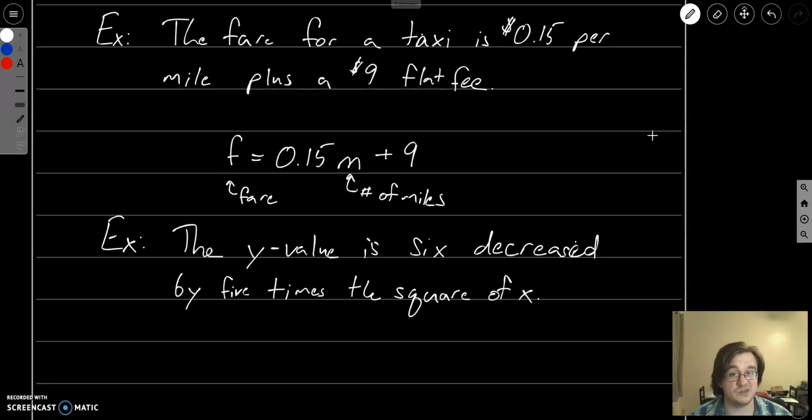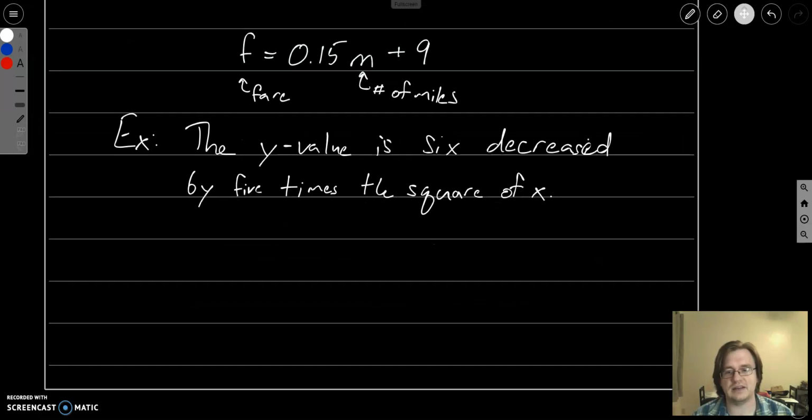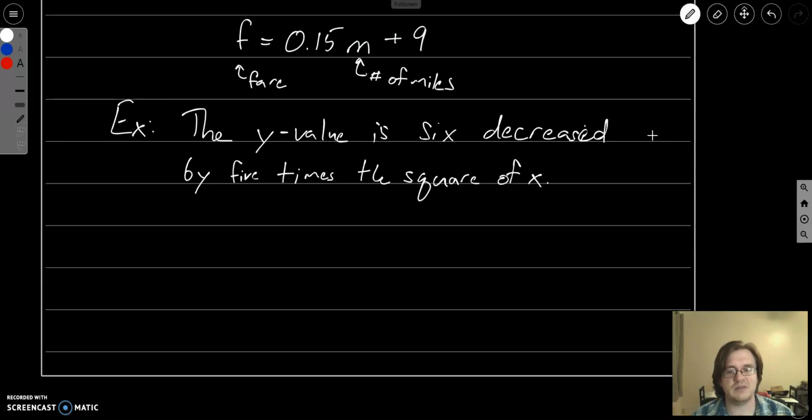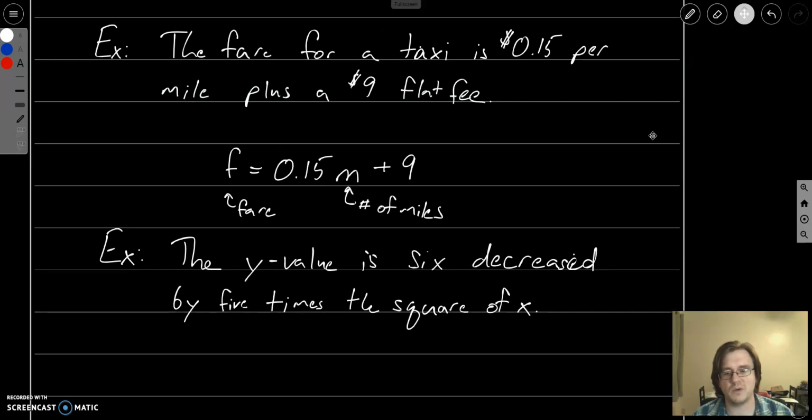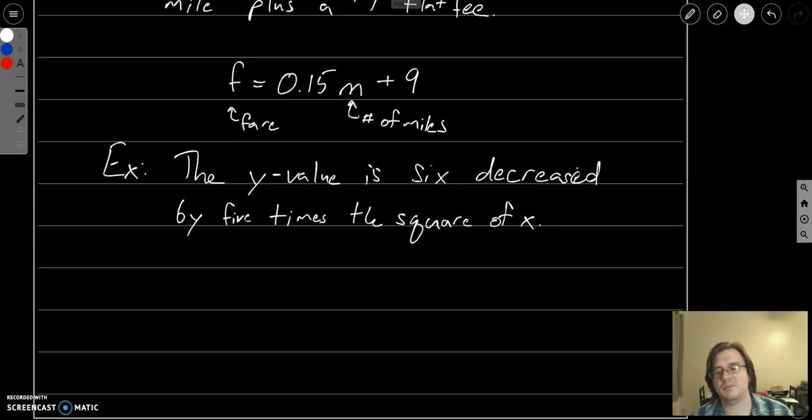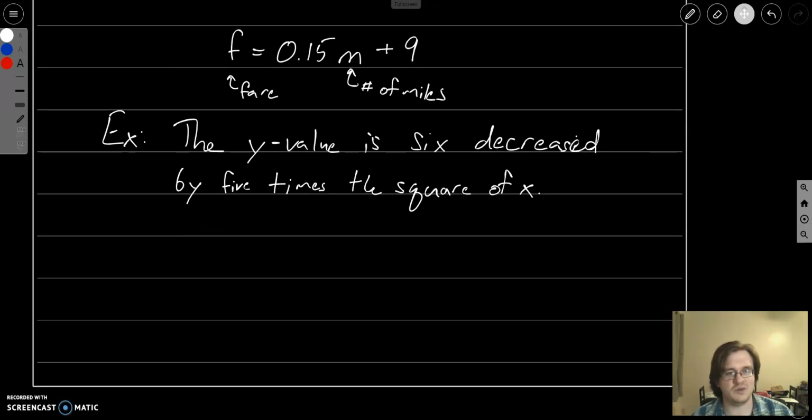Now, granted, this would be a fairly simple calculation, but many equations will be a lot more complicated than this, and it'll be useful to know the exact equation in some instances. And these can be described in many different ways. The previous question was fairly straightforward and used language that we're familiar with, but it could be something a little bit different.